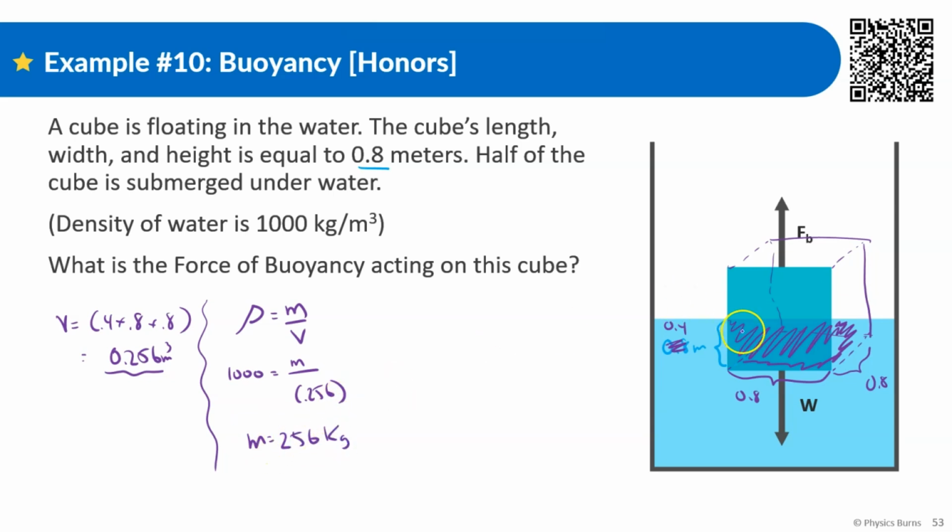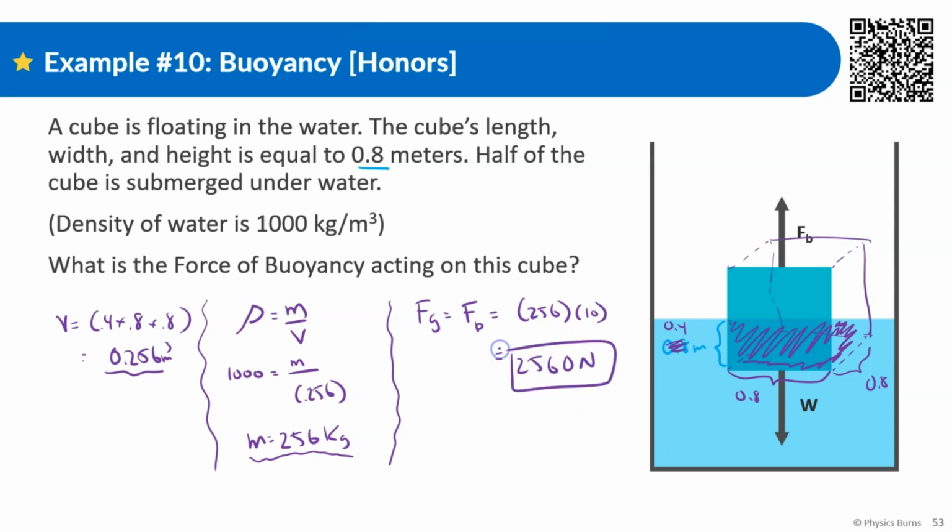So we know that this cube displaces 256 kilograms of the water. So now we should know that the force of gravity of this water is equal to the force of buoyancy. So that's just 256 times 10, and then we get 2,560 newtons. All right, hope that makes sense.